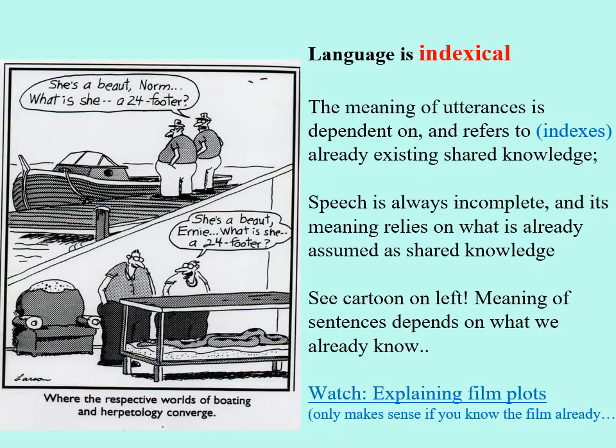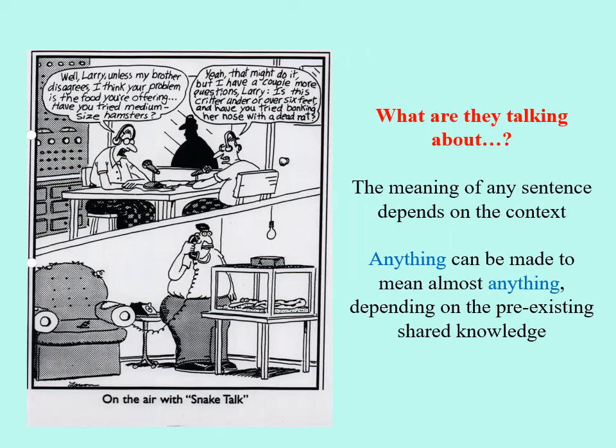The meaning of the sentence is not complete. Part of the meaning comes from the already understood and pre-existing shared knowledge. You see an illustration of this in the YouTube link at the bottom of the cartoon, illustrating how people explain plots of films already capitalizing on shared knowledge.